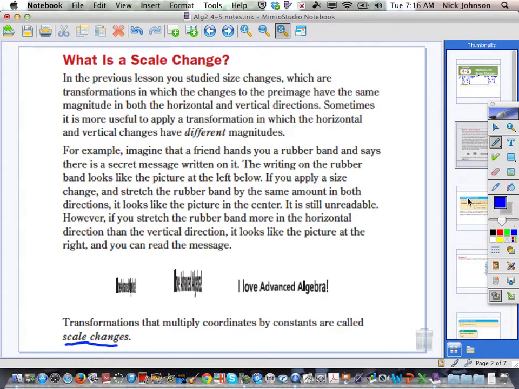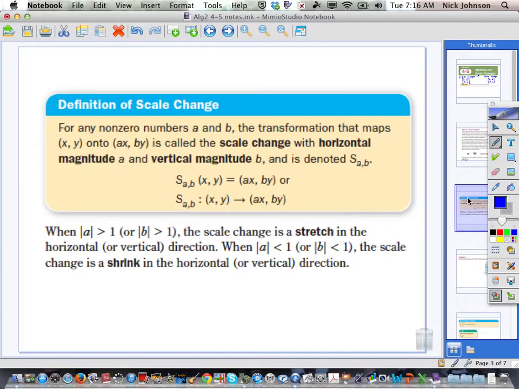The definition of a scale change: for any non-zero numbers a and b, the transformation that maps (x, y) onto (a times x, b times y) is called the scale change with horizontal magnitude a and vertical magnitude b, and is denoted by S of a, comma b.